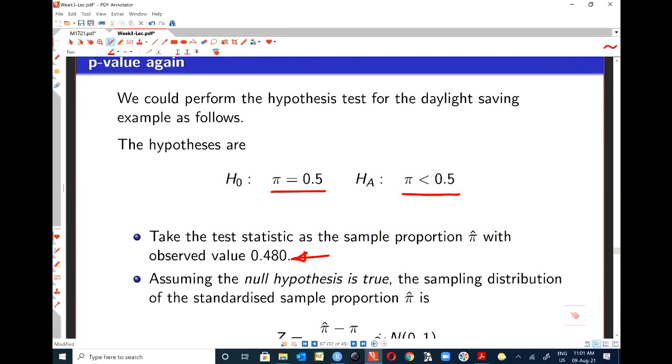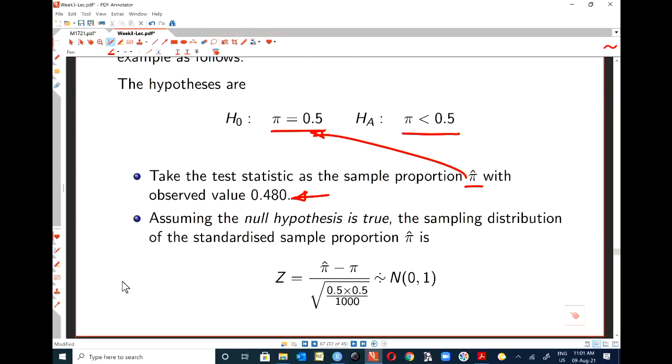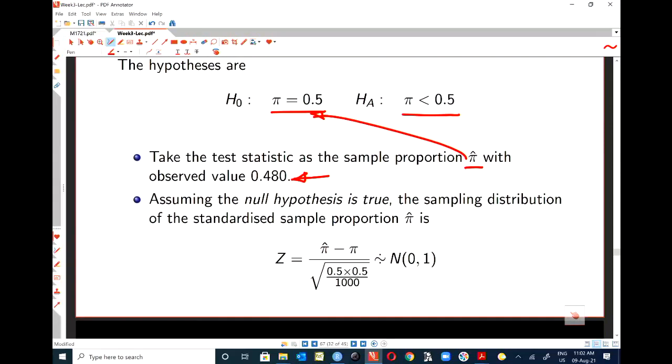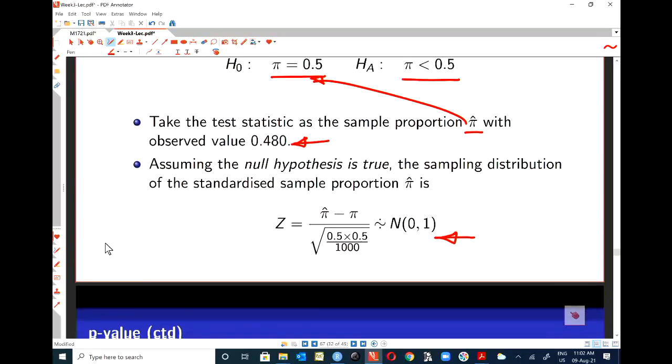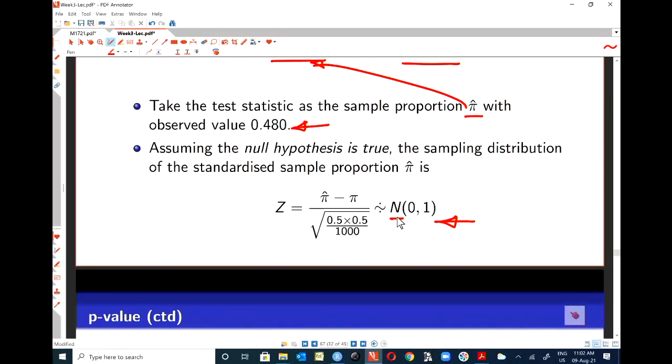Now I've got my sample proportion here, which I can compare directly with that value. If the null hypothesis is true, then I know that this is approximately normal, so I can find the p-value as a probability straight from the normal distribution.